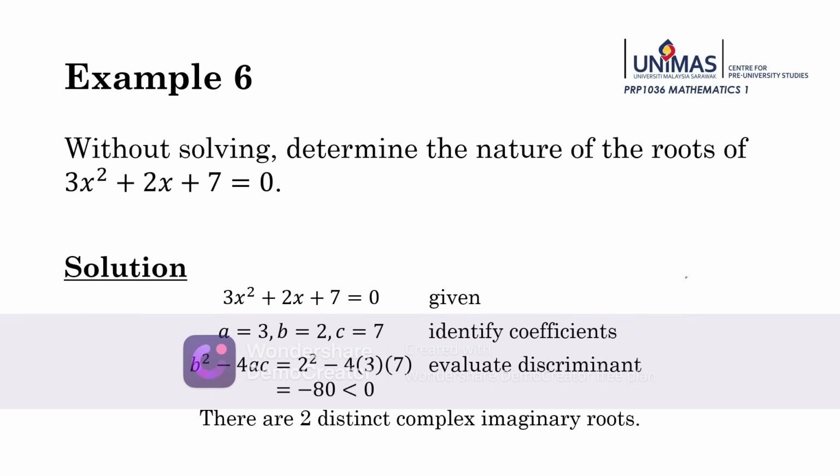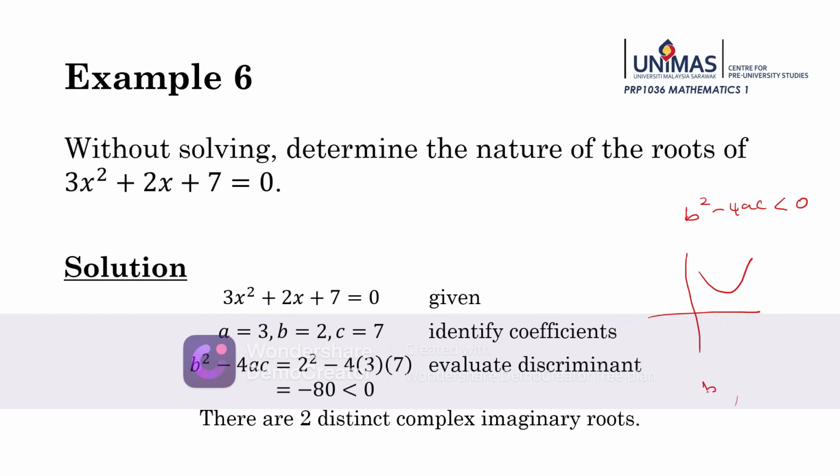So if you draw the graph of the function, the function does not pass through any value on your x-axis. That's why b squared minus 4ac is less than 0.